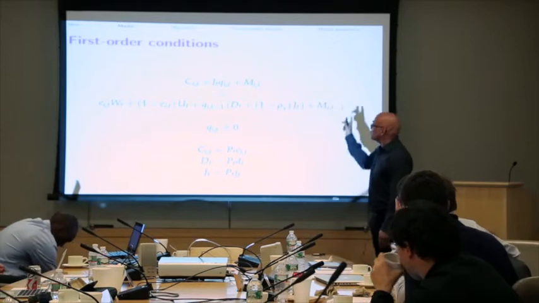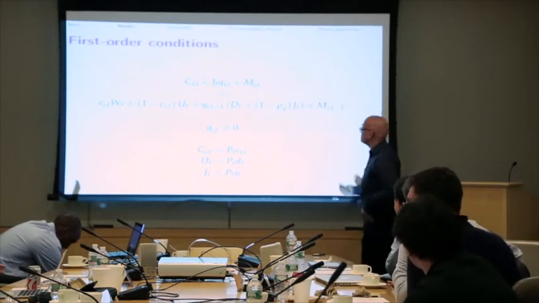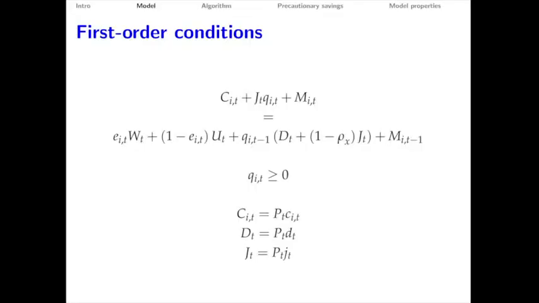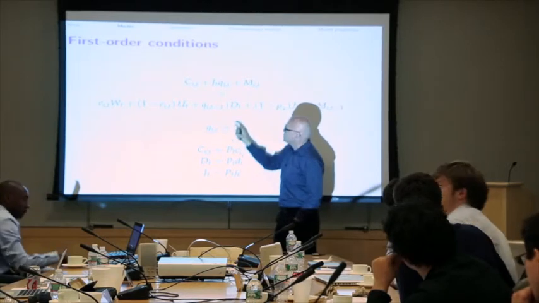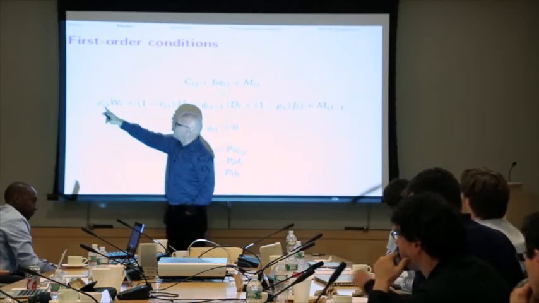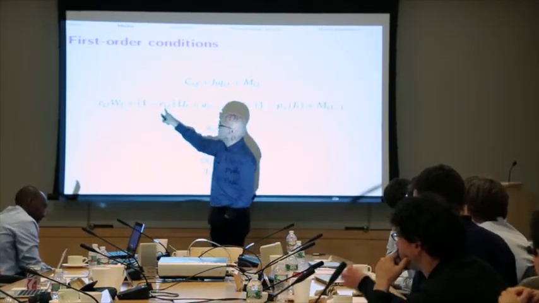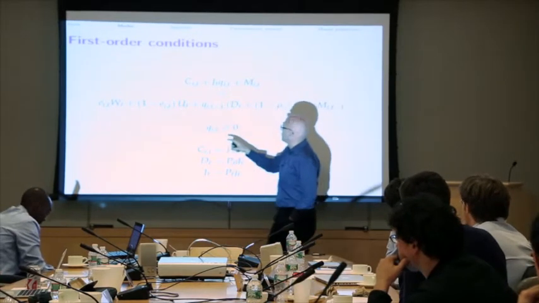Okay, so first order conditions. This is the budget constraint. On the top we have what they spend their money on. So it's consumption of agent i. Q is the amount of equity that you buy. That's the nominal price. That's the amount of money that you choose. Over here I have the agent's resources. If he's employed, that's 1, he gets the wage rate. If he's unemployed, then he gets unemployment benefits.